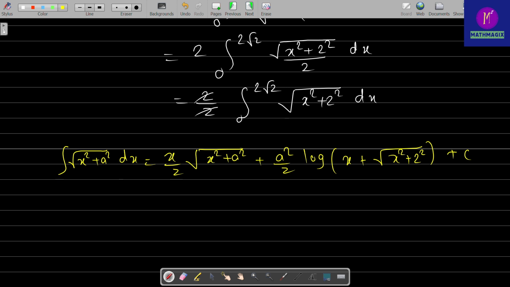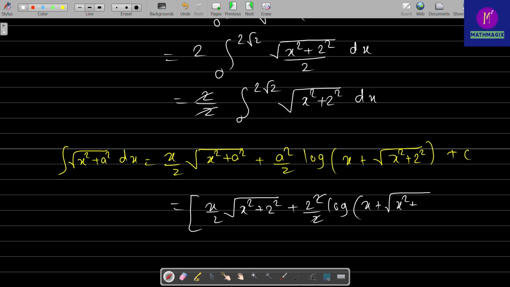So this is equal to x by 2 square root of x square plus 2 square, plus 2 square by 2, so this 2 gets cancelled out, log of x plus square root of x square plus 2 square. Complete the bracket, and the limits are 0 to 2 root 2.